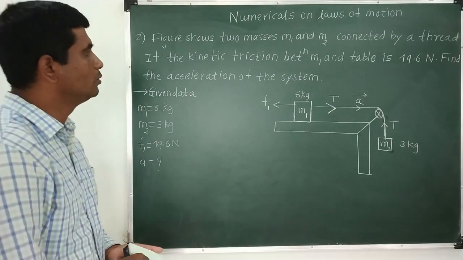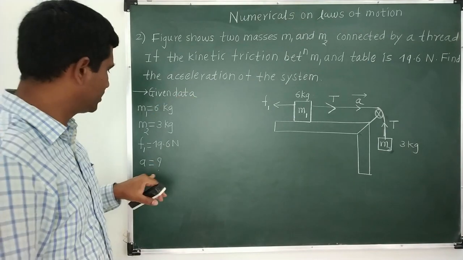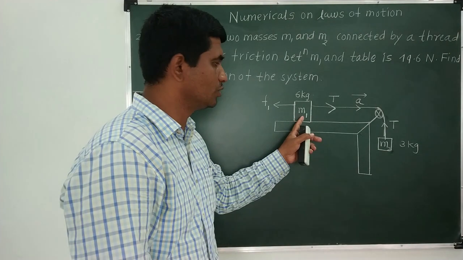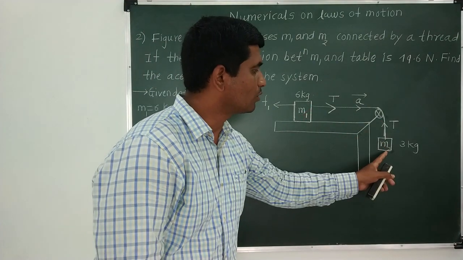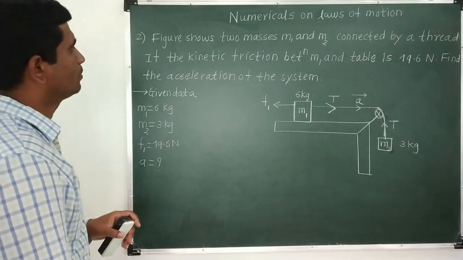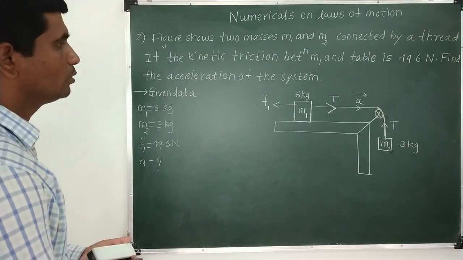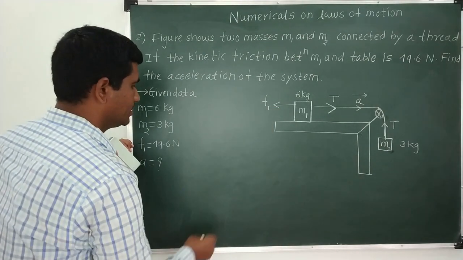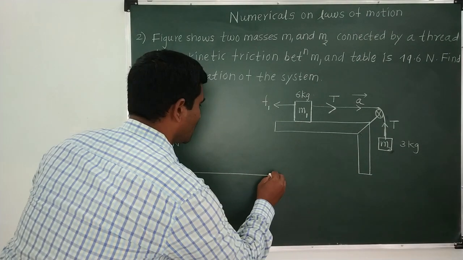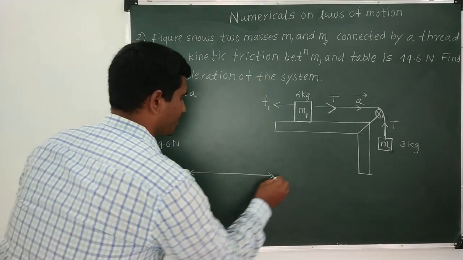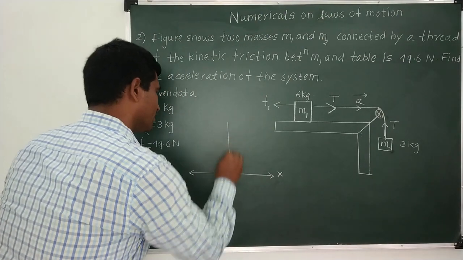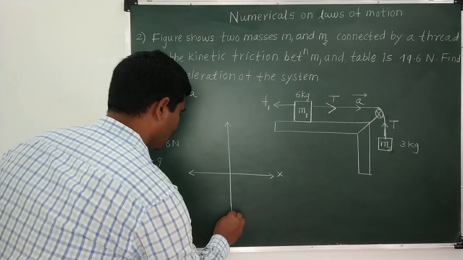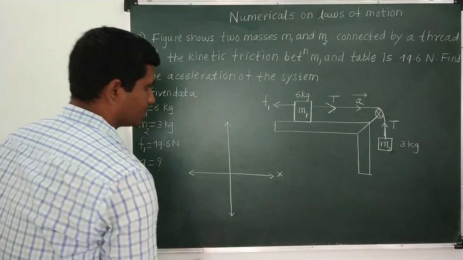Now, in order to calculate the acceleration of the system, we have to make a free body diagram for the block whose mass is M1 and the block whose mass is M2. So first we will draw a free body diagram for the block M1. Let us say this is my x-axis, and this is my y-axis.